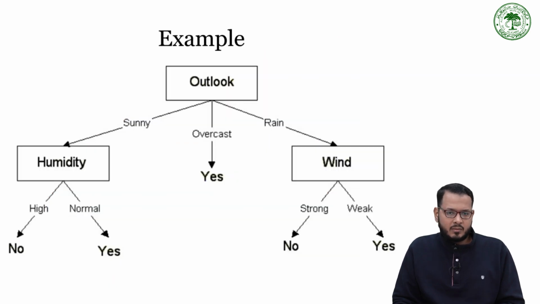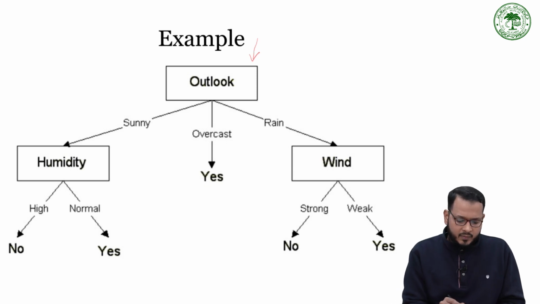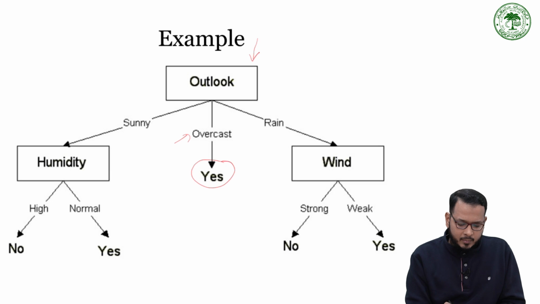It turns out that if we consider that given data set, it gives us this decision tree. Why is it called decision tree? Because to make a decision, first we need to check outlook. If it is overcast, then you can play the game.